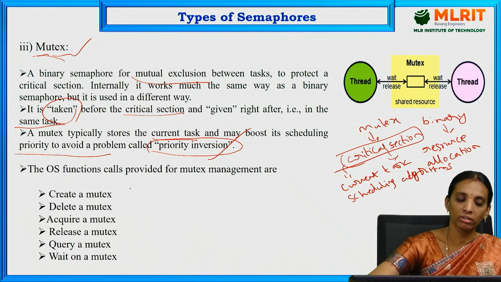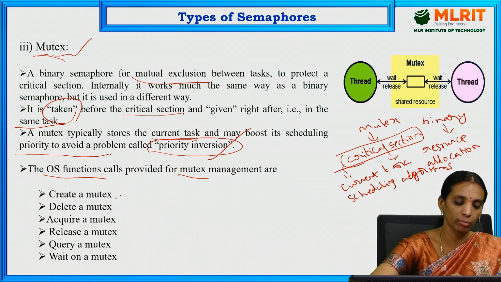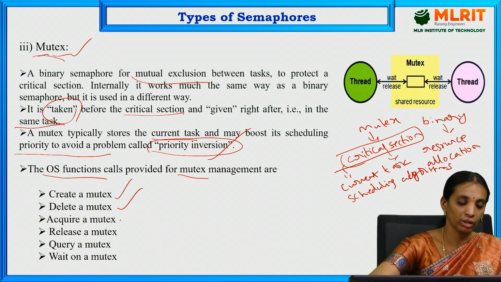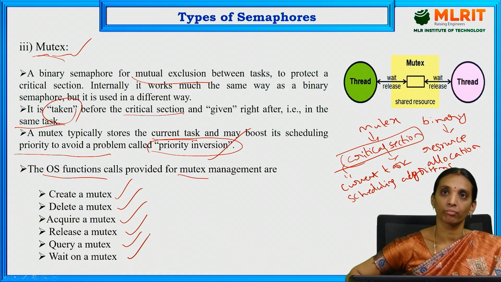The functions used by the OS for a mutex are creating a mutex, deleting a mutex, acquiring a mutex, releasing a mutex, querying a mutex, and waiting for the mutex.